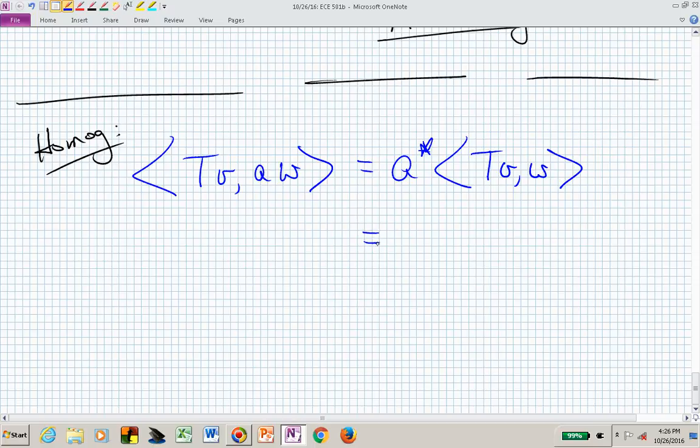What if I now apply the adjoint definition to that inner product on the right? And now what if I slide the scalar into the second slot?